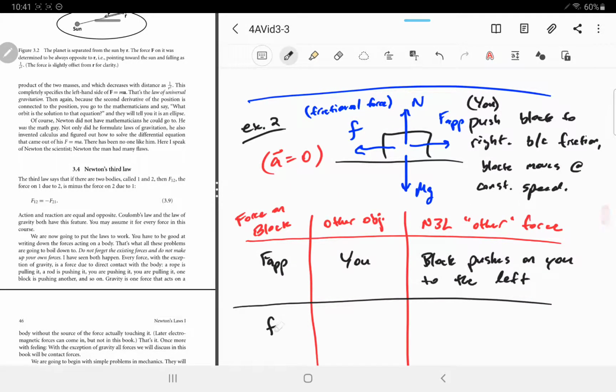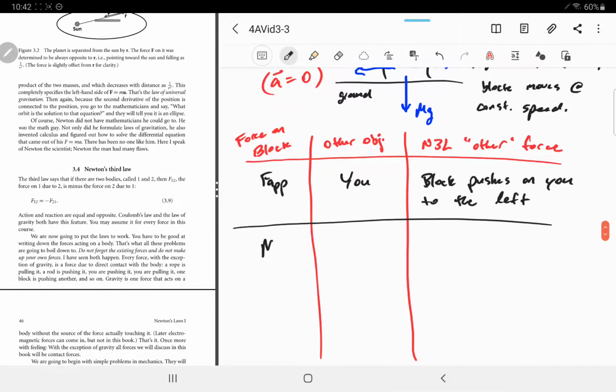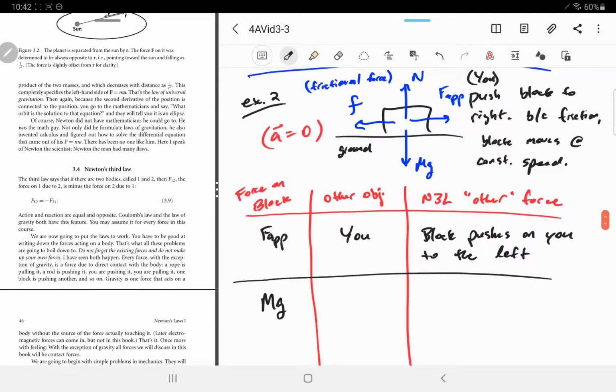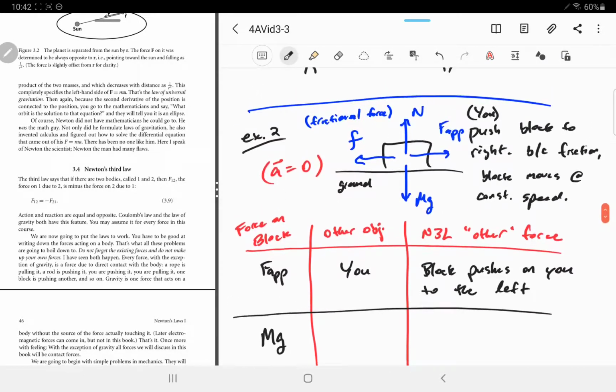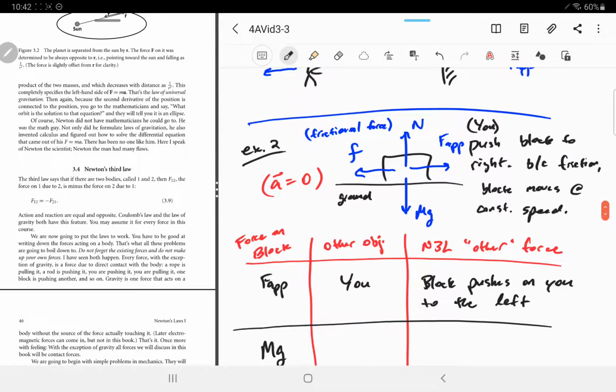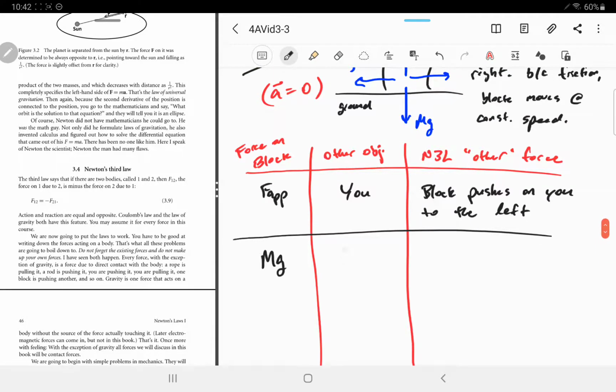Maybe frictional force is the hardest one, so let's save that one. Let's be specific that the block is resting on the ground right here. You're probably most familiar with weight. You know that weight appears on every free body diagram, so let's study that one. What's pulling vertically downwards on the block? You might say the ground right here, but that's not right. It's not just the ground that's pulling down. It's the whole Earth.